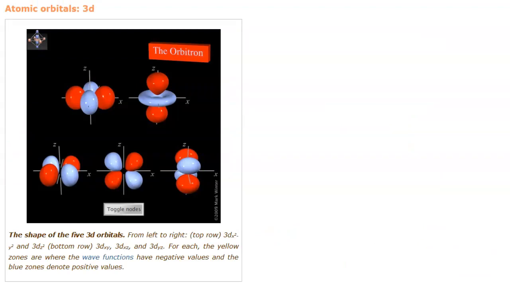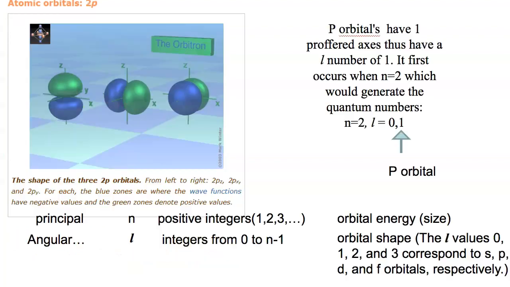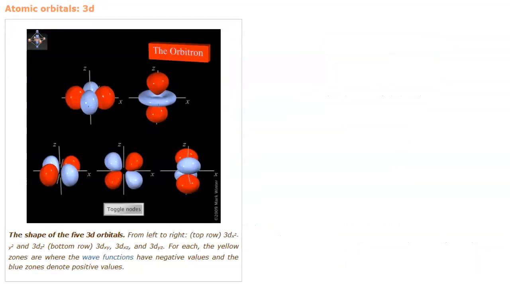Here is where we have the 3D orbitals. Now these look kind of crazy shaped, and why? Well, unlike p orbitals, which have one distinct preferred axis, d orbitals have 2 distinct axes. That's why L equals 2 here. So if I was to write this, what we have is L, the azimuthal number, equals 2 here.